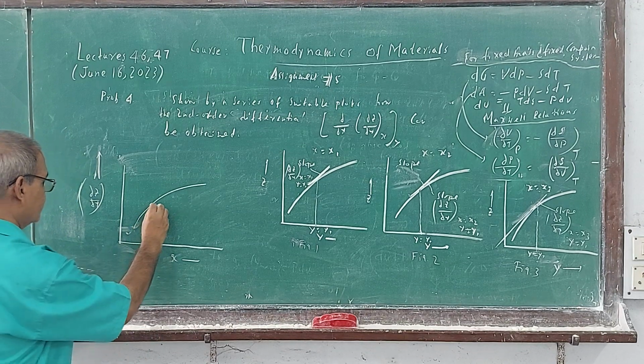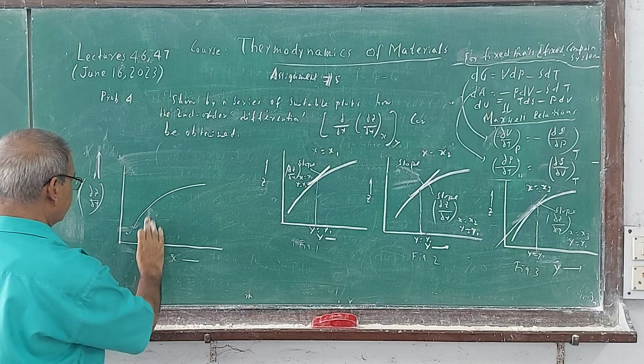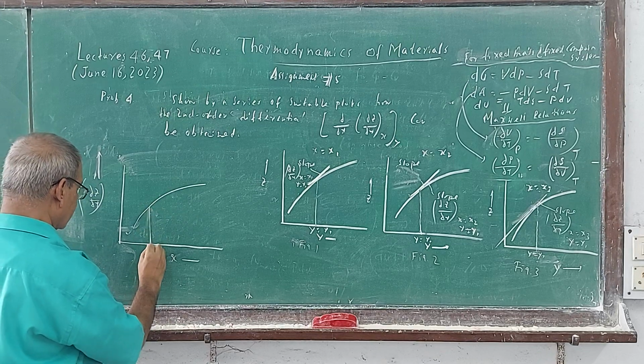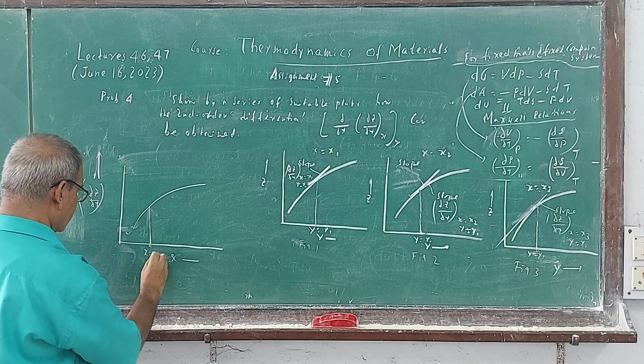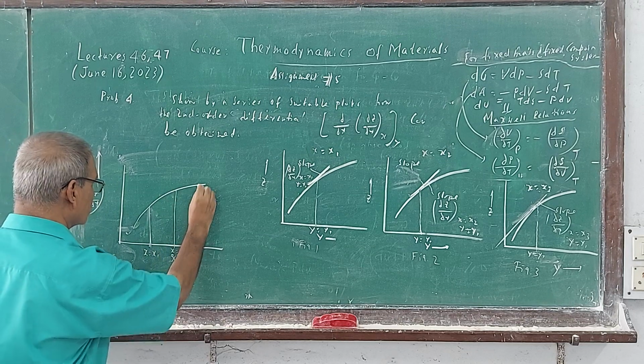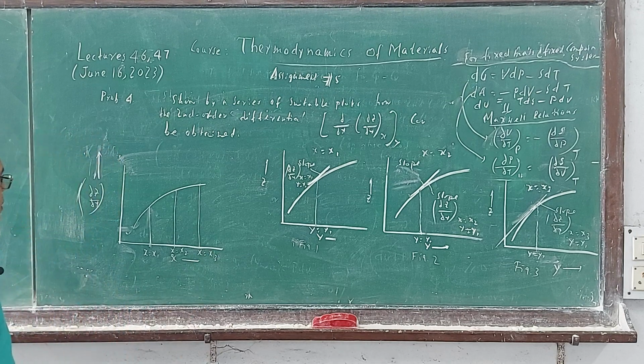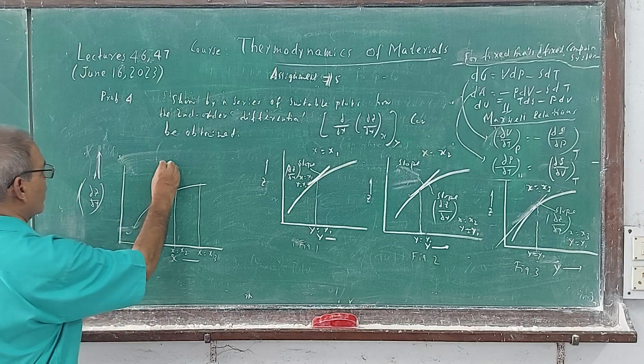Okay. The three values you can take. For what? Y is what? This is x. What about y?